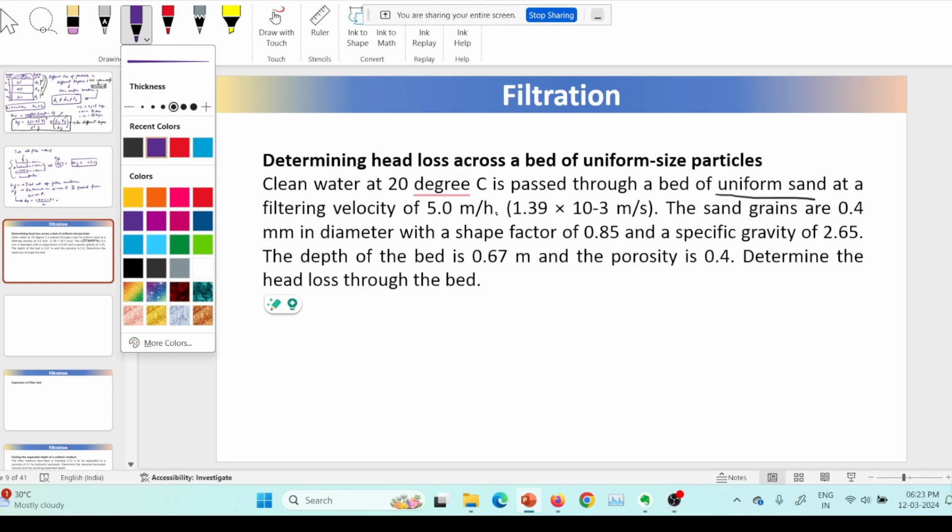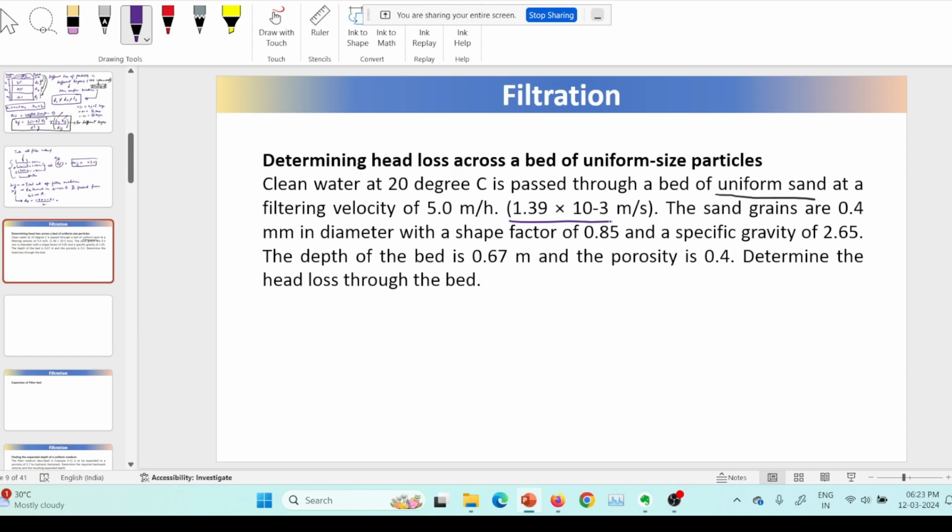Let's keep on writing the data. Uniform sand is given with filtering velocity. Vs is the filtering velocity.